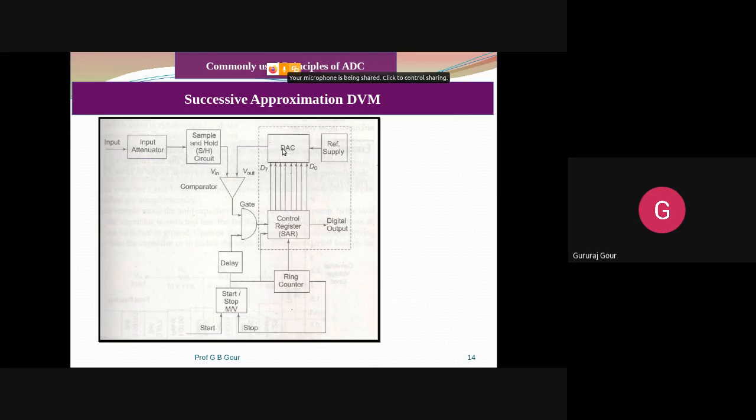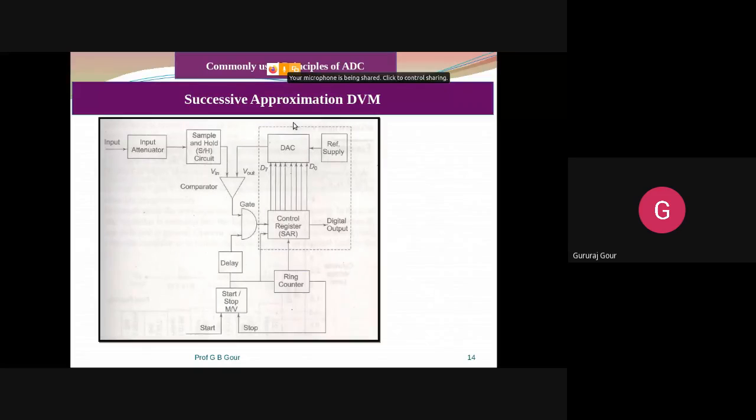And thereby we successively compare each sample with the input and adjust its value so that it can reach nearer to the 0.6. At last, we have seen what value is set in the bits D to D0, and what analog output value came: 0.59 and something we got.